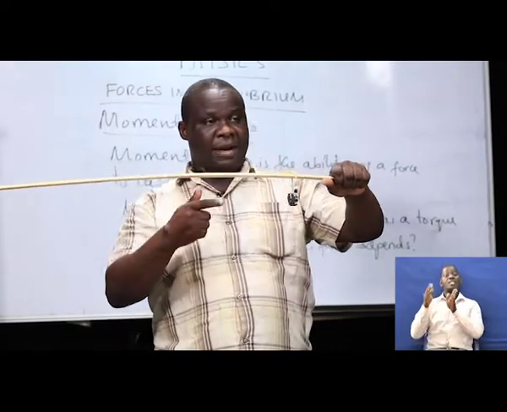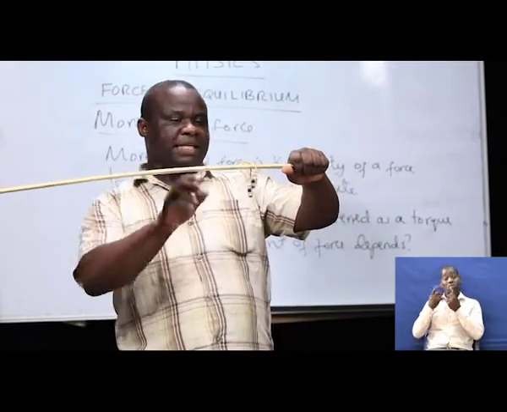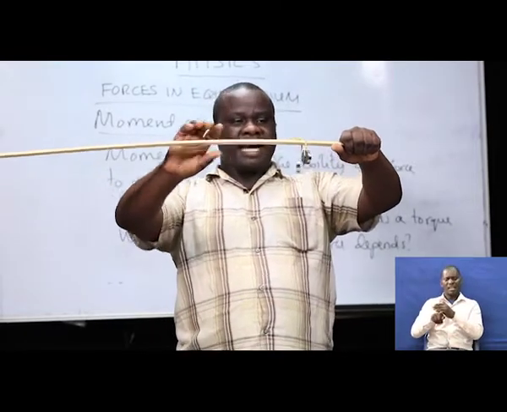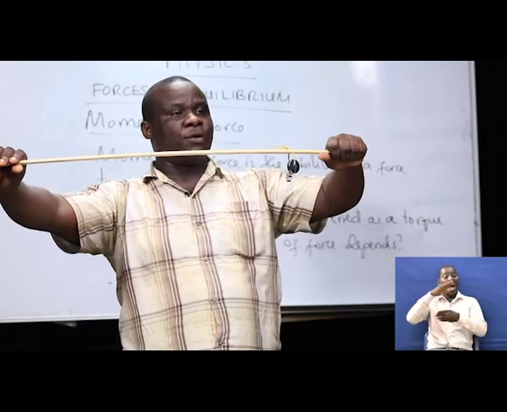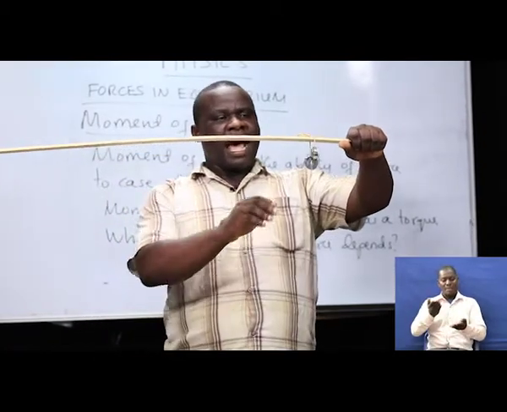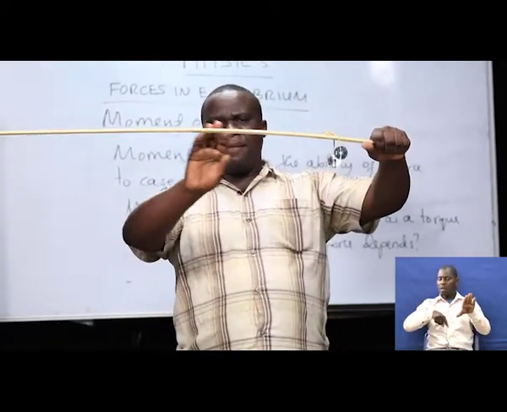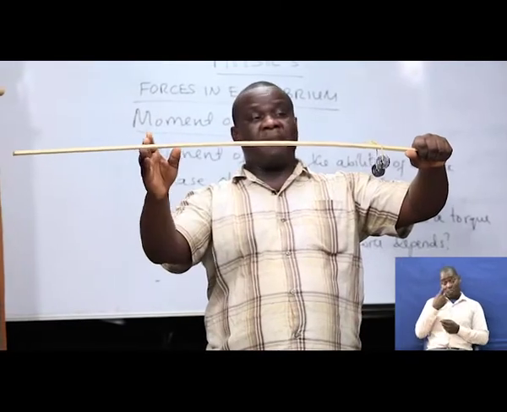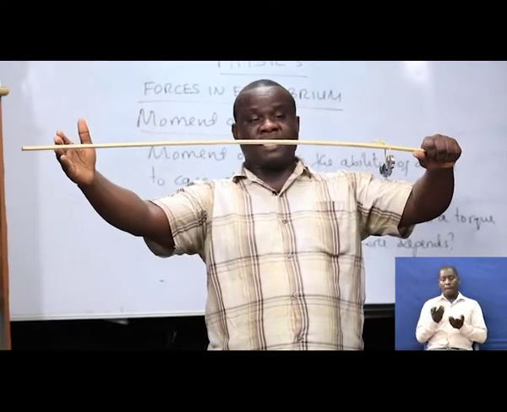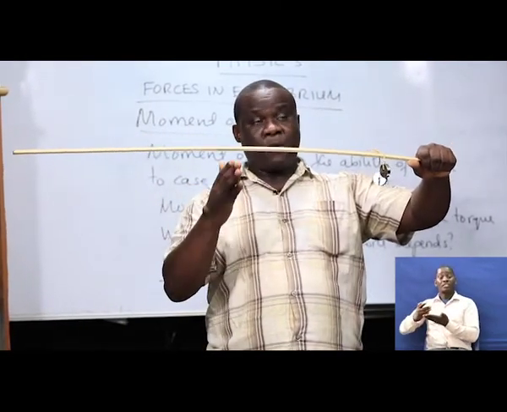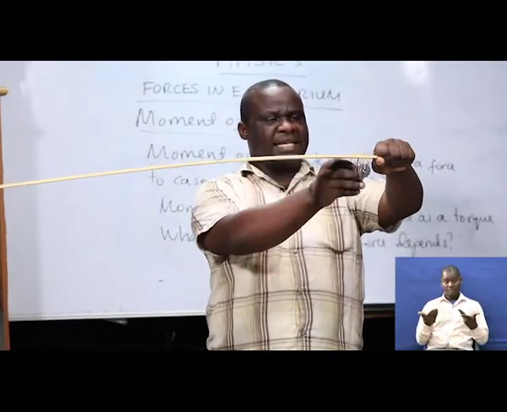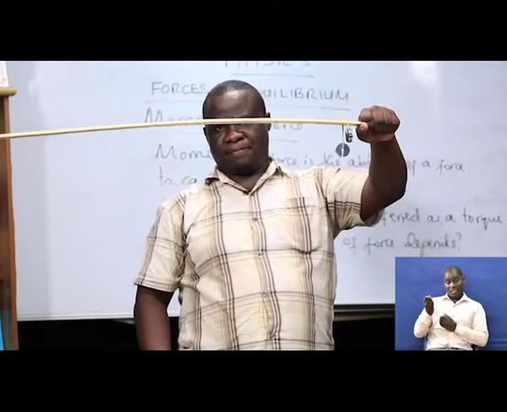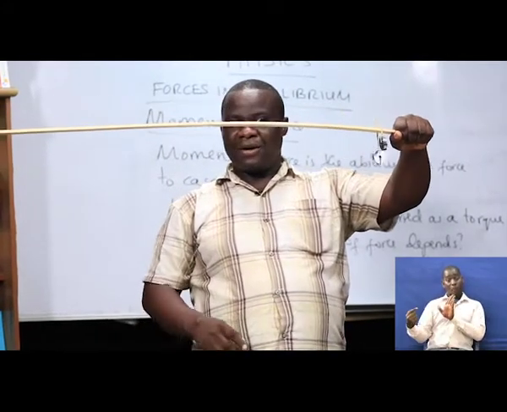I am going to change the positions of the mass over different positions of this ruler, and then you will see what happens. Initially, the mass is near to the pivot point.